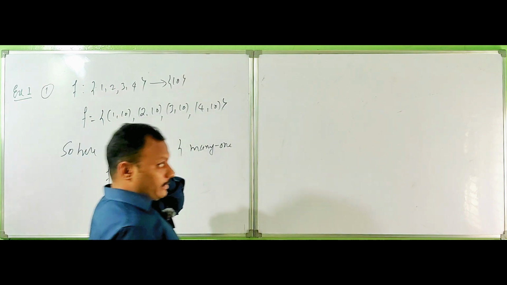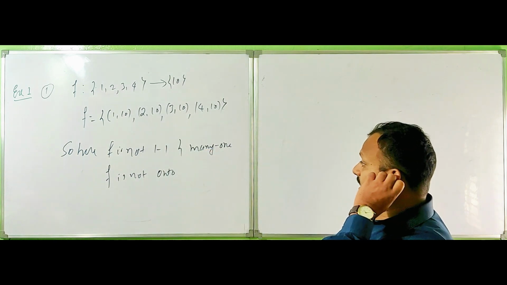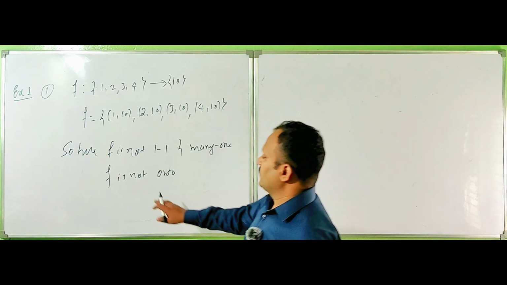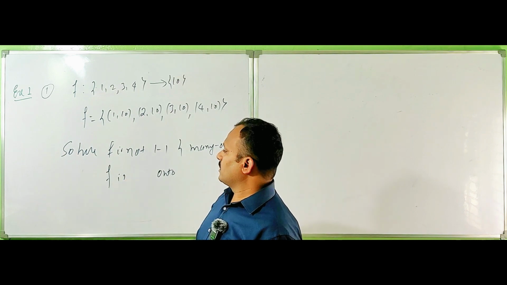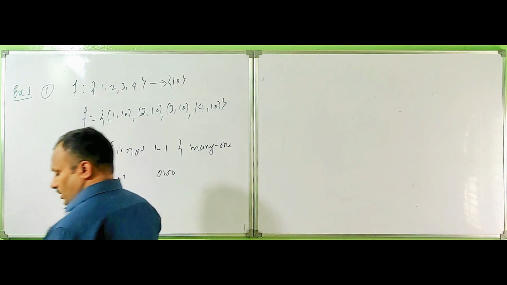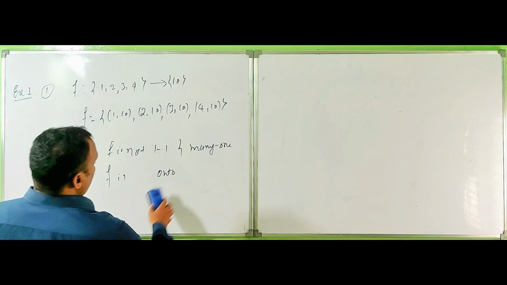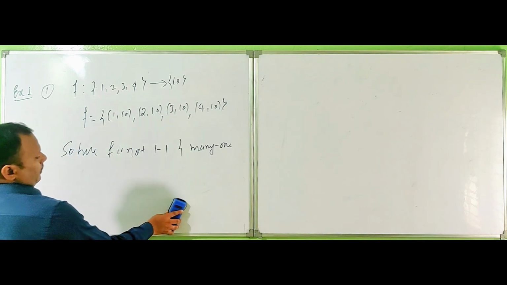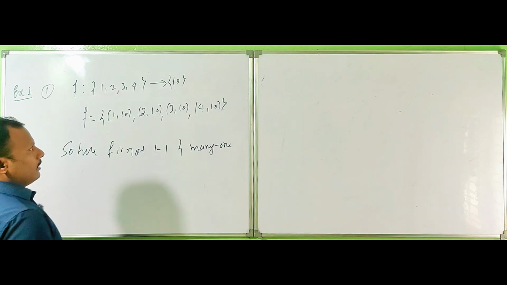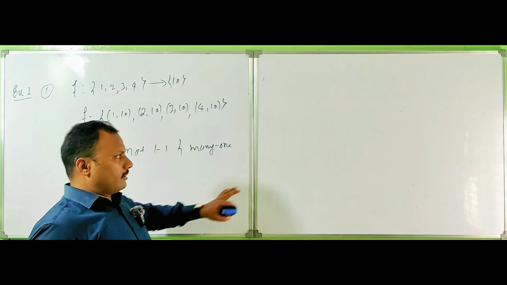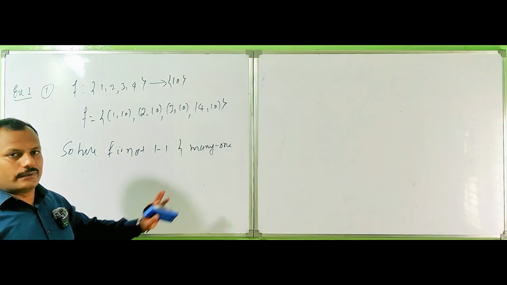Onto is different; here f is onto, but because f is not one-one, it is not invertible.